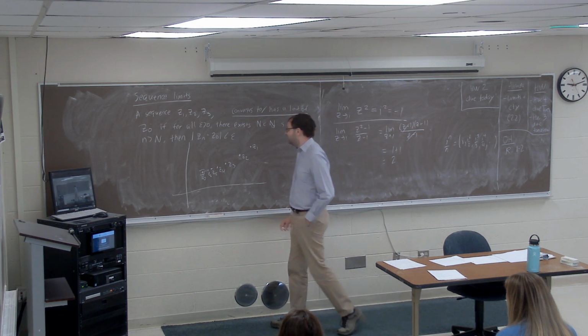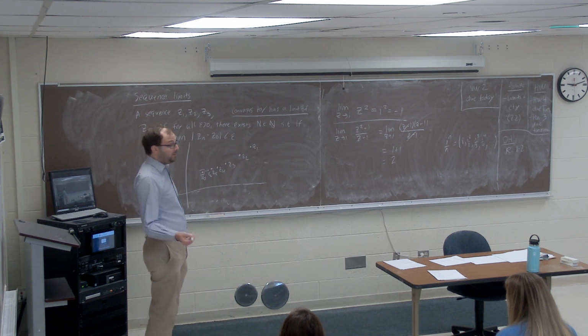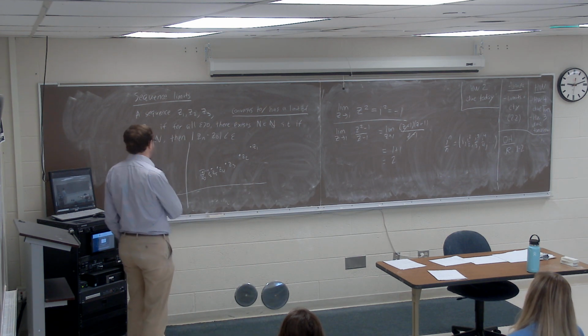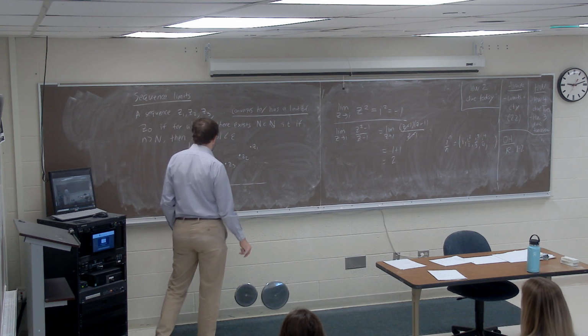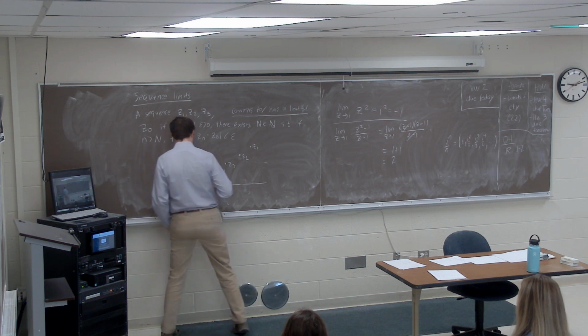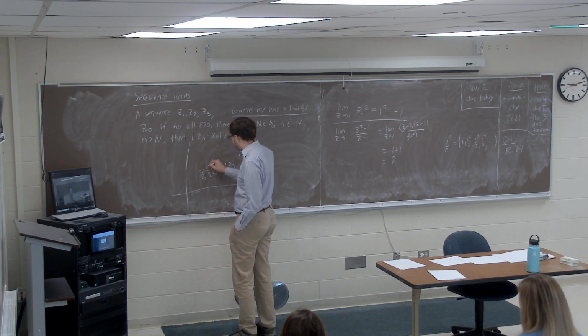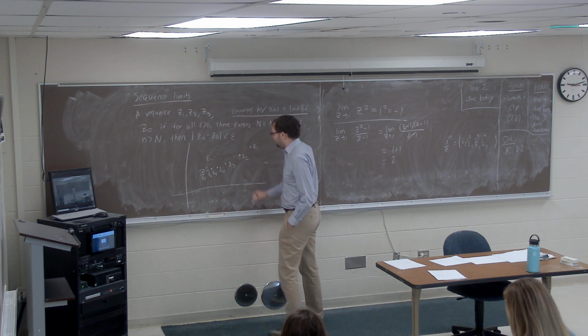The idea here is I'm going to draw some positive distance epsilon in the complex plane, and we're going to draw a little disk centered at z naught of radius epsilon. Let's call this epsilon 1 right here.